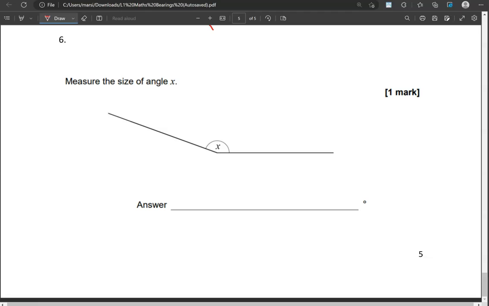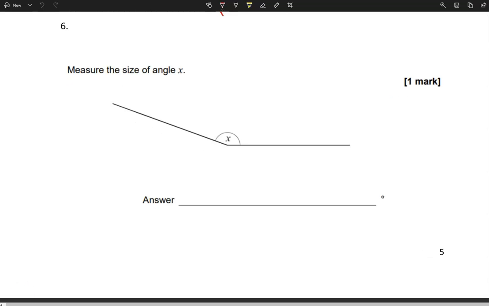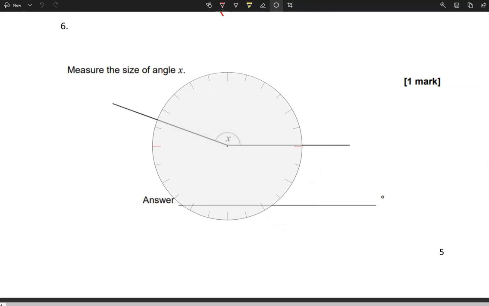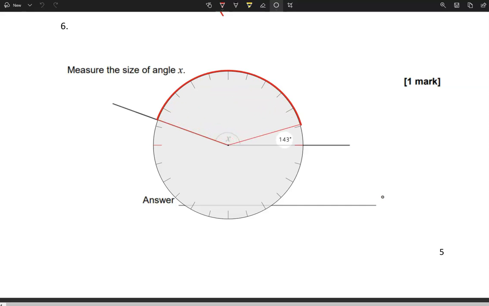Measure the size of angle X. Again, aligning the protractor. So it's aligned with the line here as well as the center. So this is 160 degrees.